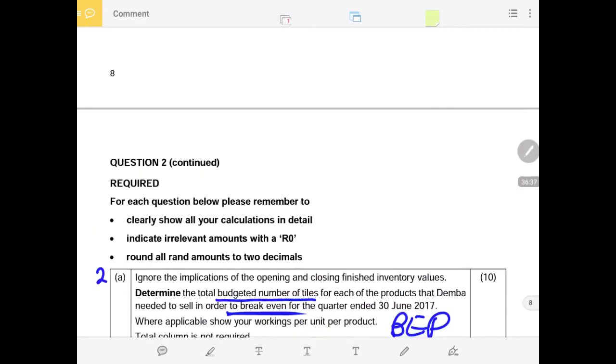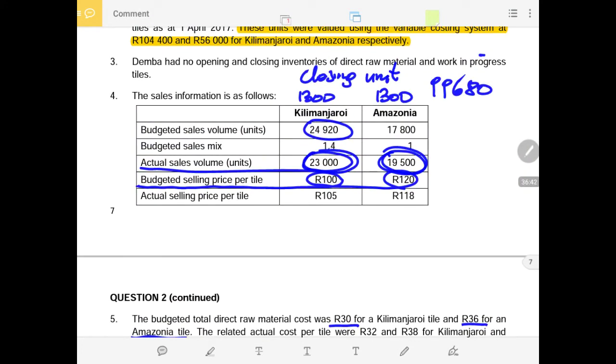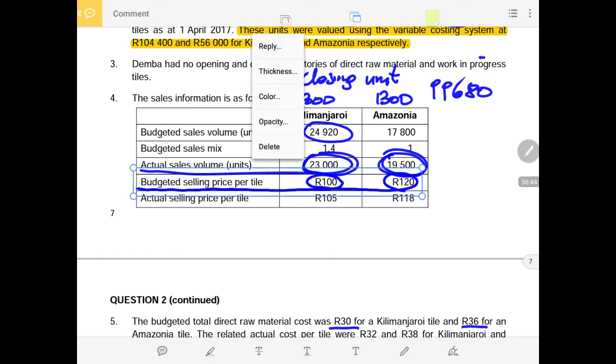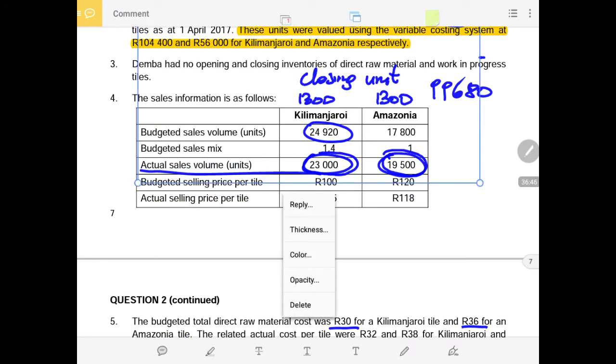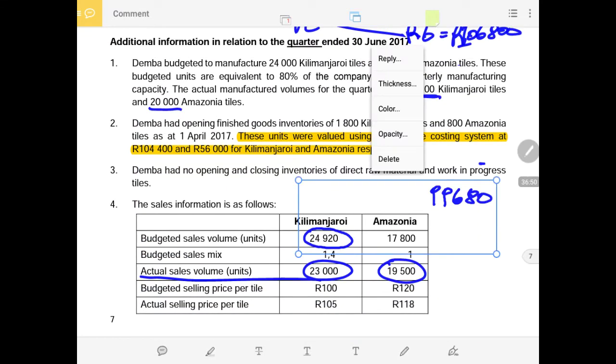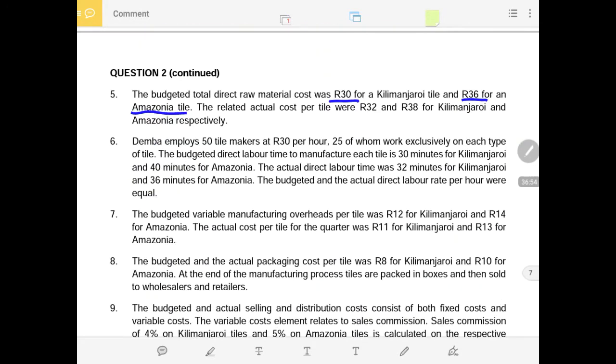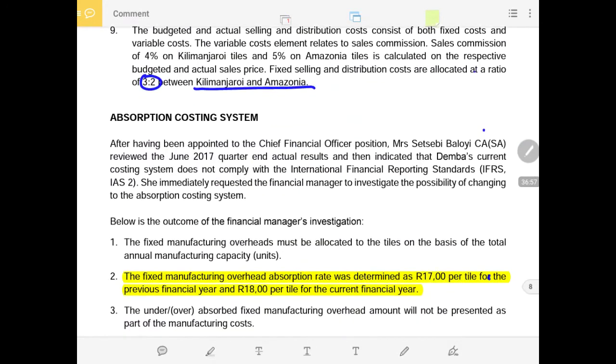How many units were sold and at what price is our actual price? Remember, now we're focusing on the actual information, not budgeted. Anything budgeted, that's not for us. We focus on actual. Now, before we focus on the actual, very important is to read this information that relates to the absorption costing. What are they telling us that is new?